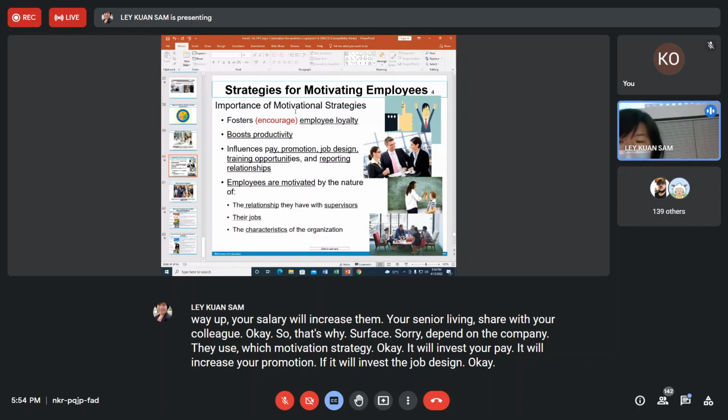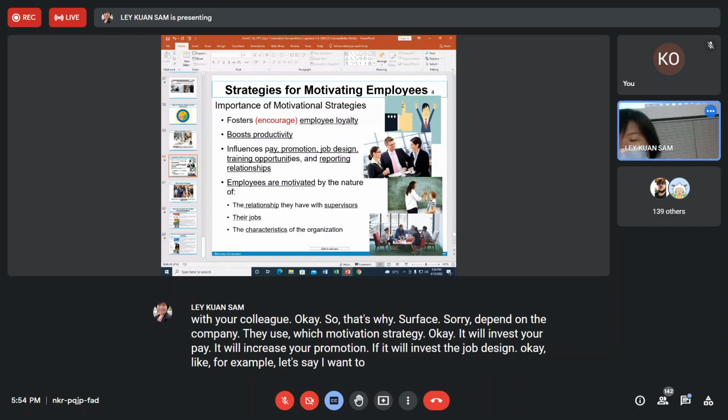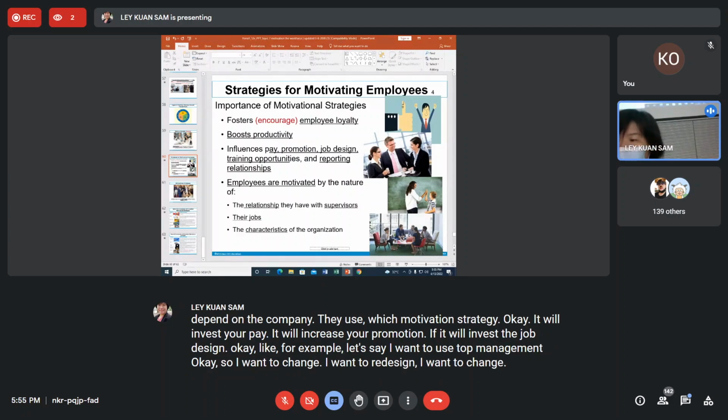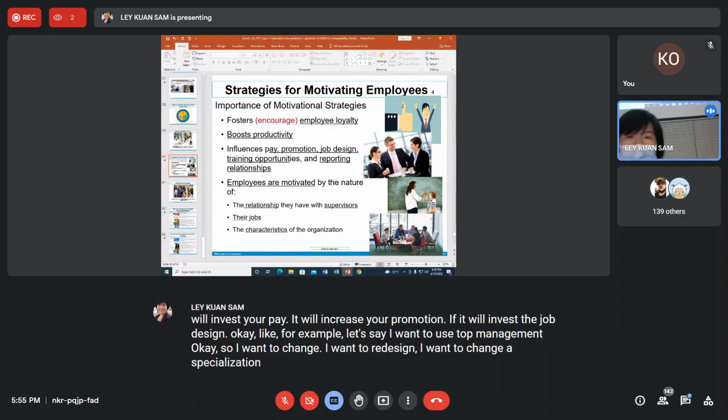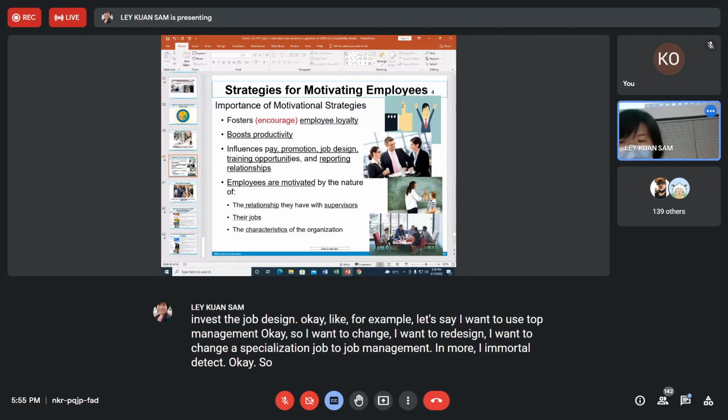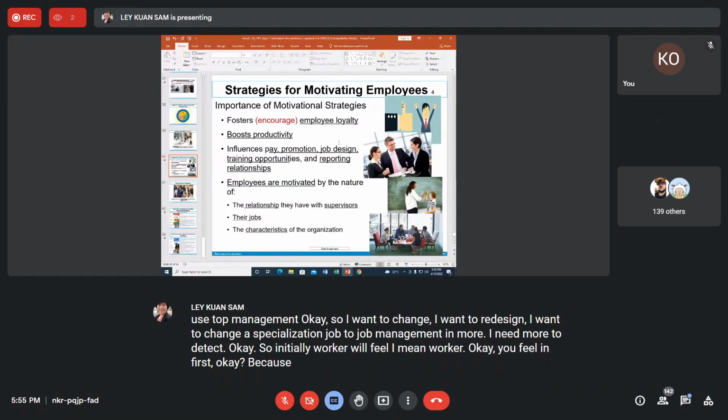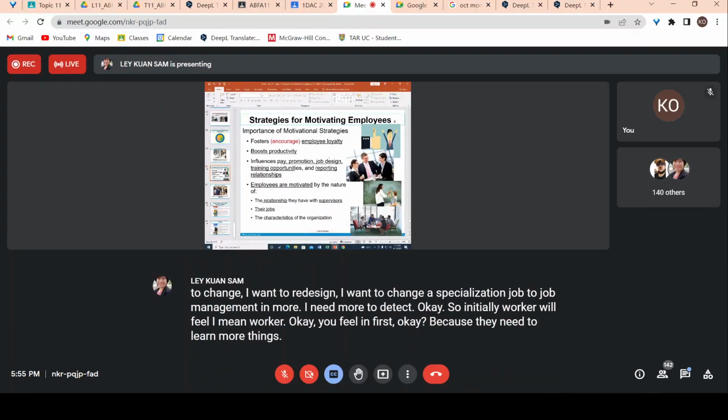For example, let's say I want to use job enrichment. I want to redesign, to change a specialization job to job enrichment. I add more duties there. Initially workers will feel influenced, because they need to learn more things and more skills to handle the project.